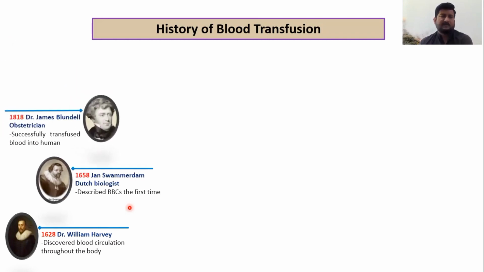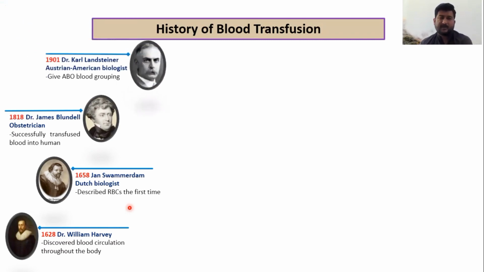Then in 1818, Dr. James Blundell successfully transfused blood into humans without any pre-testing, cross-matching, or blood typing. In 1901, Dr. Karl Landsteiner gave the ABO blood grouping.